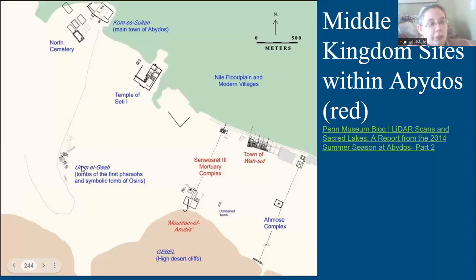The official name that this subsite has been given is El Gab, or I think I've also seen El Quab. And it's in this region that, once you get to the Middle Kingdom, one of the early dynastic royal tombs, I think it's the Tomb of Den, but I'm not 100% sure about that, basically gets reconceptualized, re-envisioned as one of the burial places of Osiris.